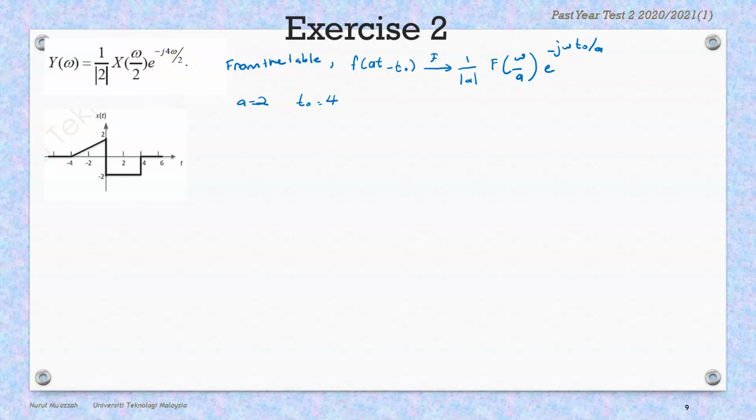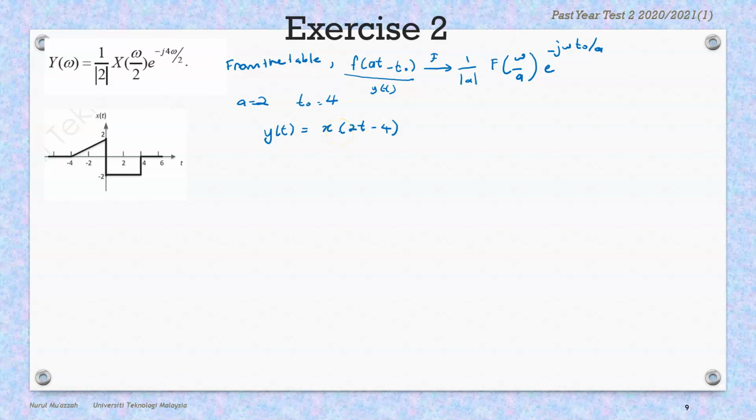So from here we know that f(at minus t naught) here is yt. Basically yt is a signal that has been time transformed from xt. So yt here is x(2t minus 4). Again, why?